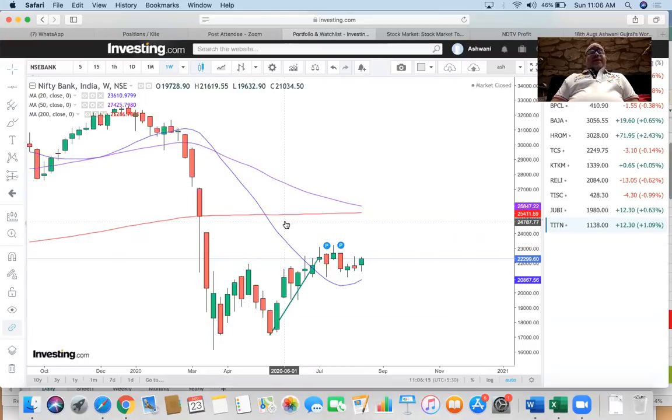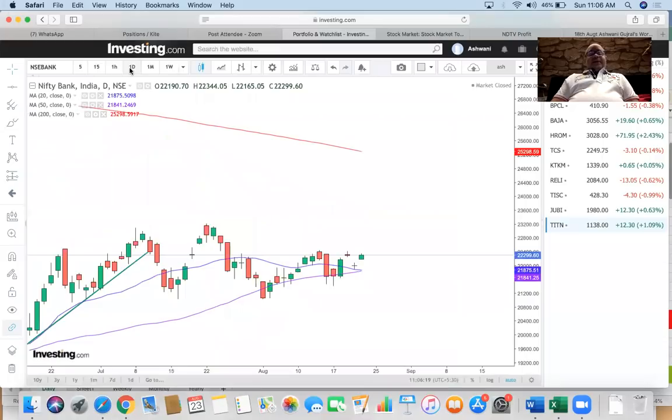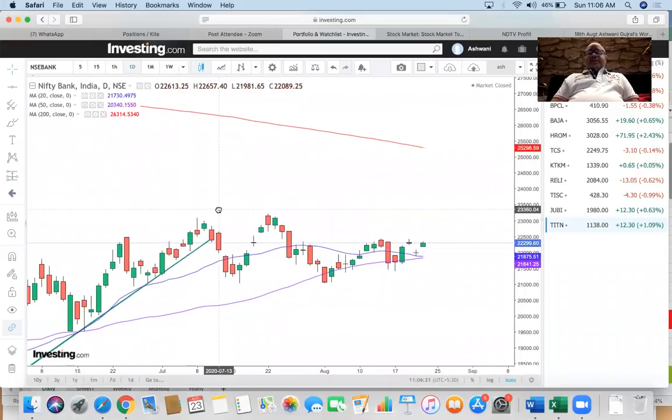This is a weekend analysis and hence is a deeper analysis than most other times. Now, as you can see, the high of this bar, as we saw on the weekly, is 22,440. The high here is about 22,419.